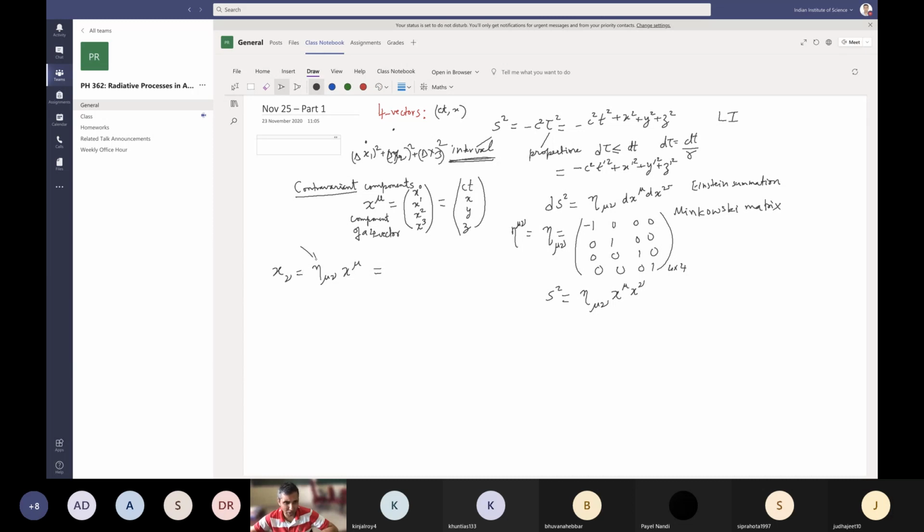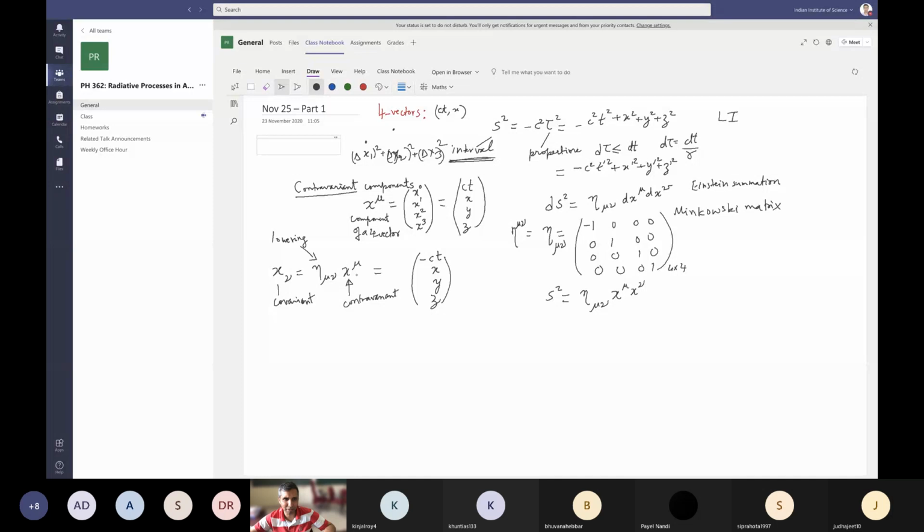This is also called lowering of the index. A contravariant component can be converted into a covariant component. These are just useful ways of writing the same thing. So for example, if you look at this, then this becomes minus ct, x, y, z, right?